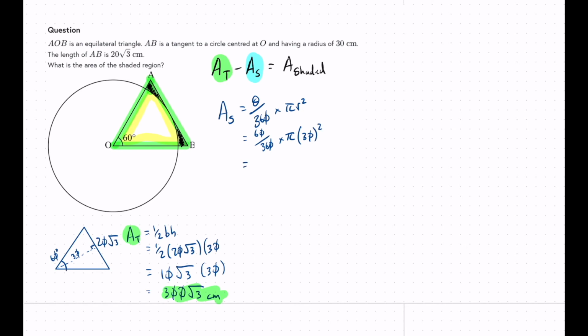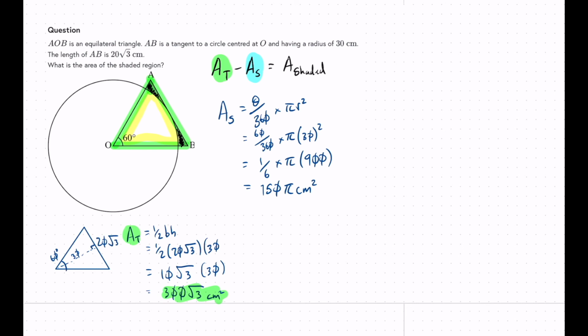So 60 goes into 360 6 times. 30 times 30 is 900. 900 divided by 6, because 1/6 times 900 is the same thing as 900 divided by 6, which is 150 pi centimeters squared.